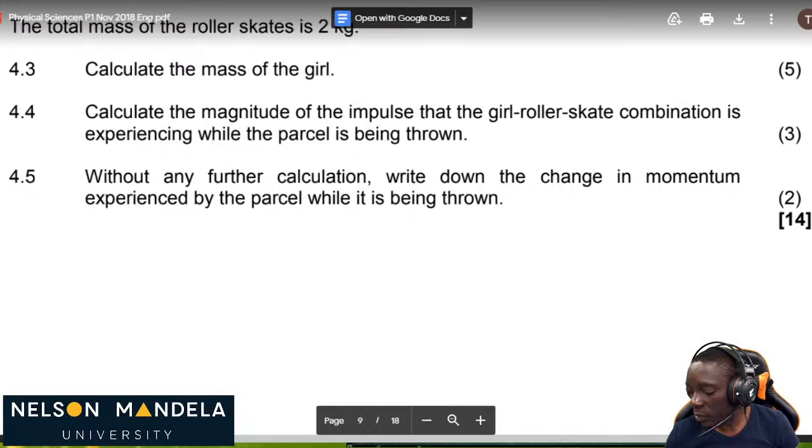The velocity of the parcel is 4 meters per second. We'll give it a plus. The positive is for the direction to the right, which means negative for the direction to the left. Then we have the mass of the skates, 2 kg, and we need to find the mass of the girl.